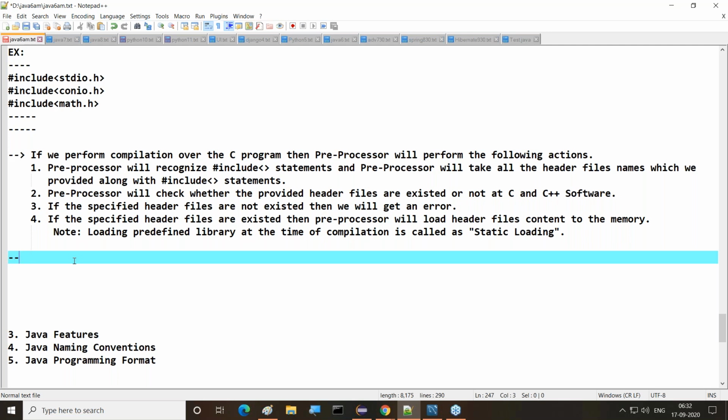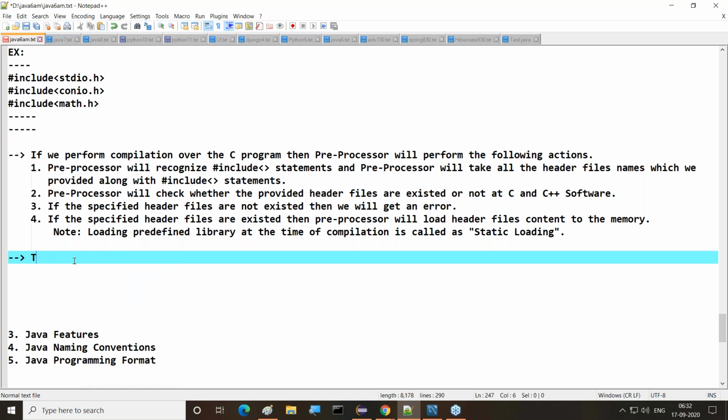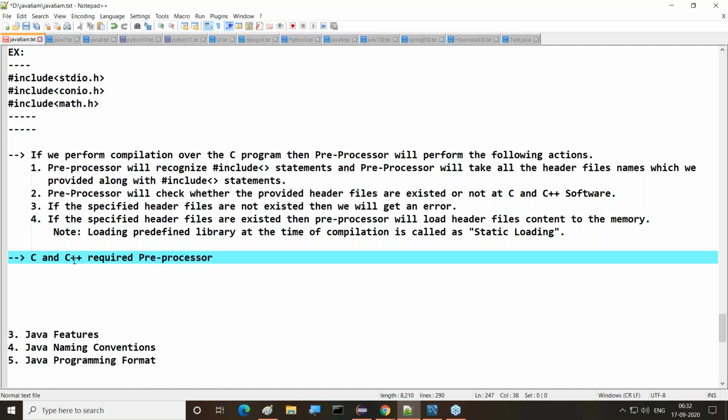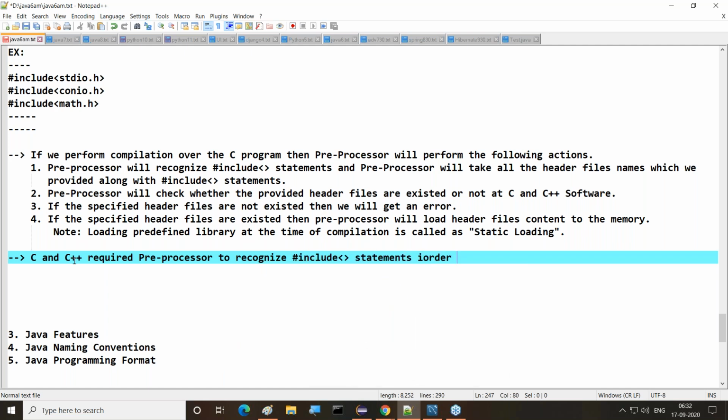Now here I need the conclusion. What is this conclusion actually? Therefore, C and C++ require a preprocessor to recognize hash include statements in order to load header files content.